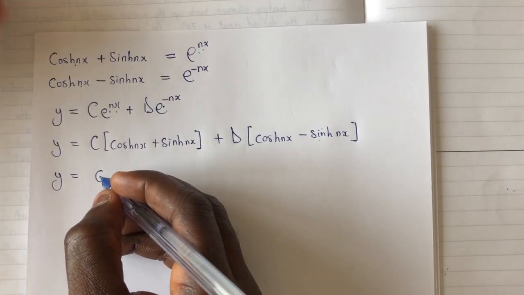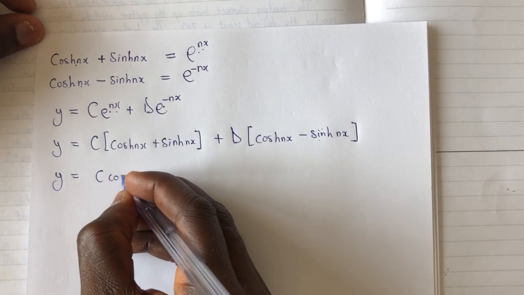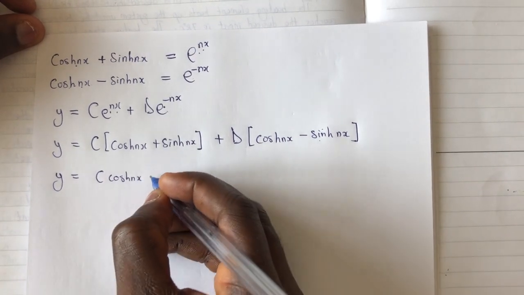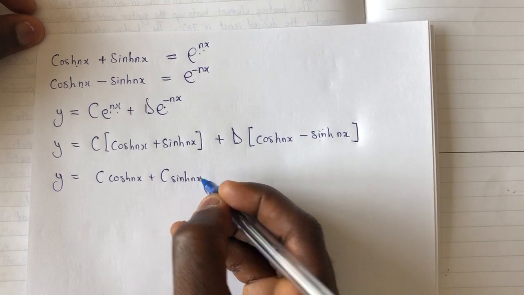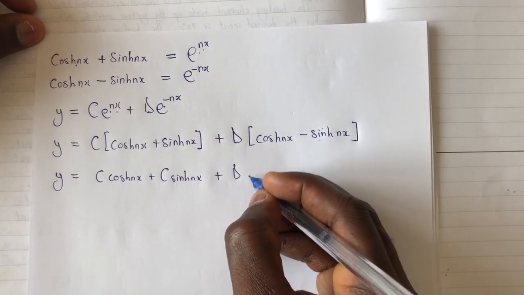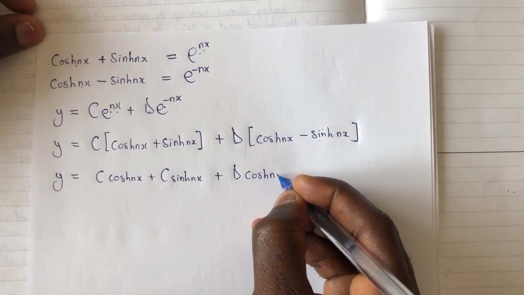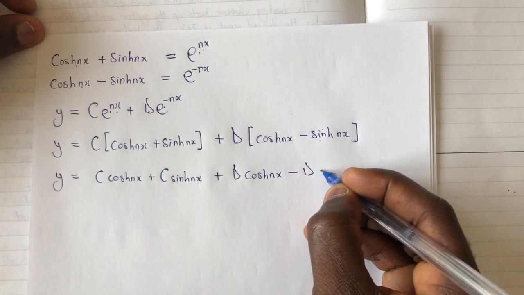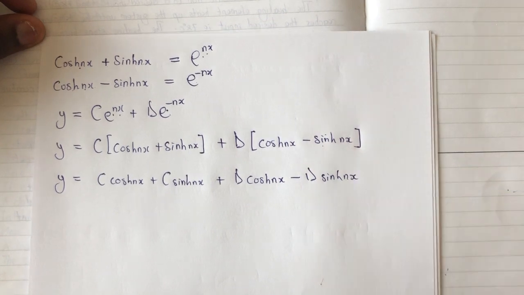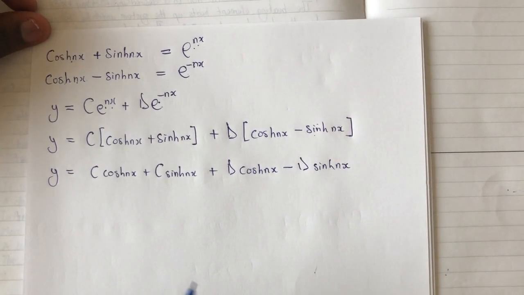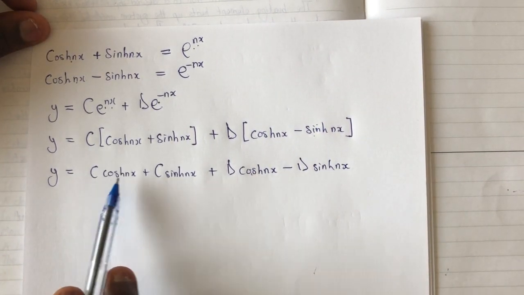Now we can use c to multiply through and d to multiply through, and this is giving us y equals c cos nx plus c sin nx plus d cos nx minus d sin nx. So now group like terms, group all cos and all sin.